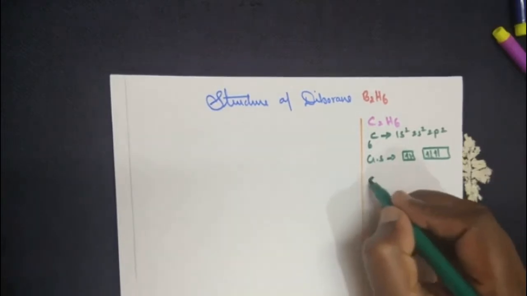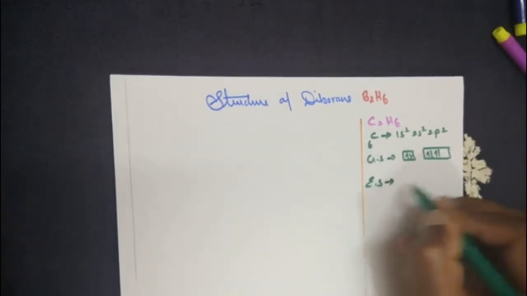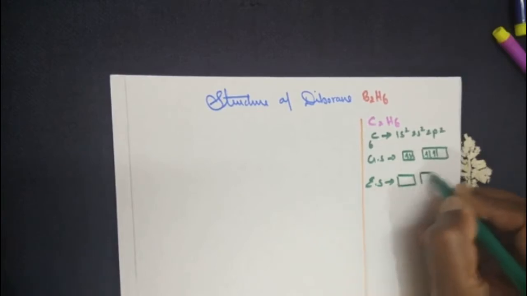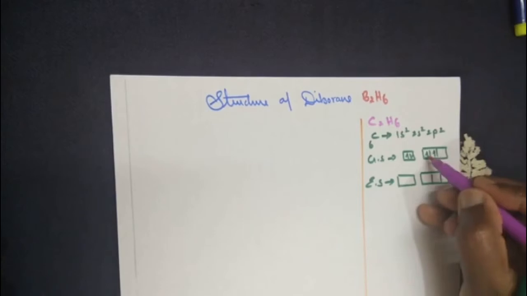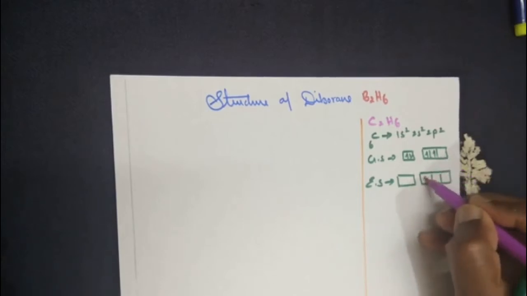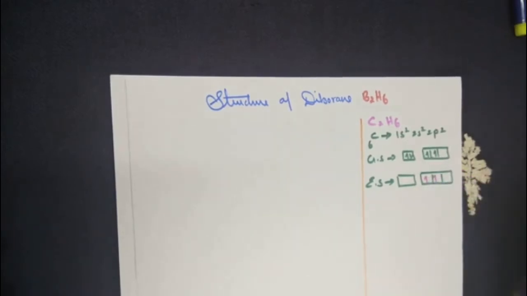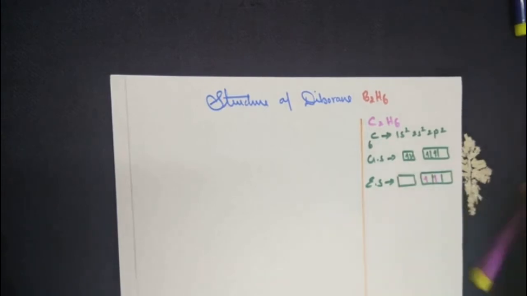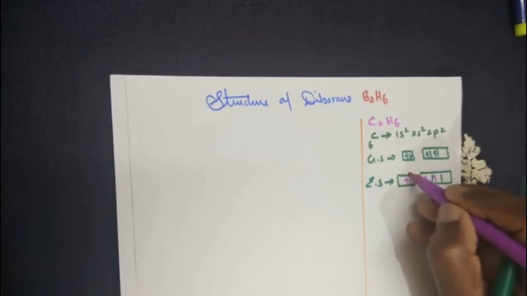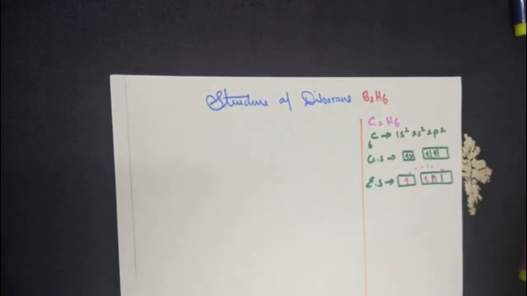In the excited state, one of the 2 electrons in the s orbital remains in the s orbital, and the other gets shifted to the empty p orbital.